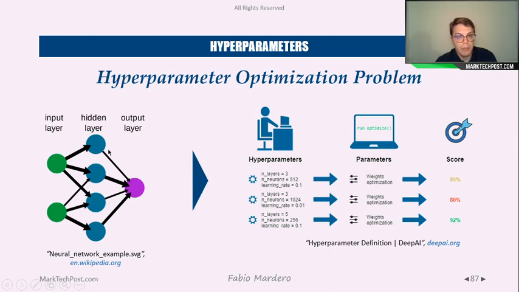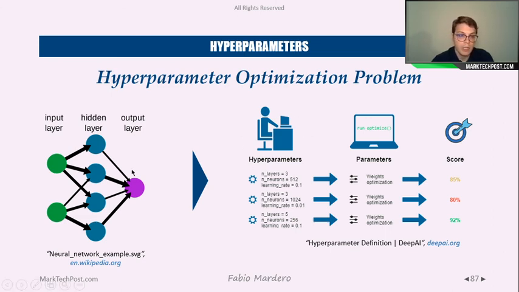So for example, this is a neural network, a particular machine learning model. Here, the hidden layer is actually a hyperparameter and also determines the dimension of the model itself.